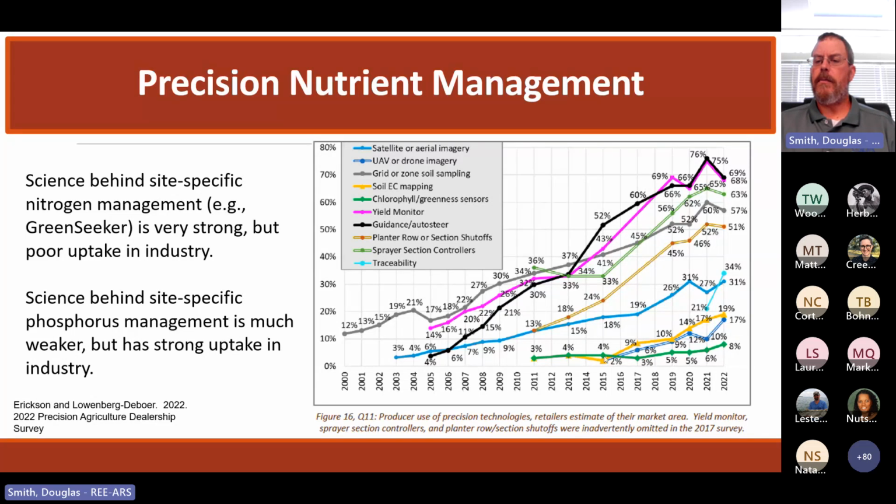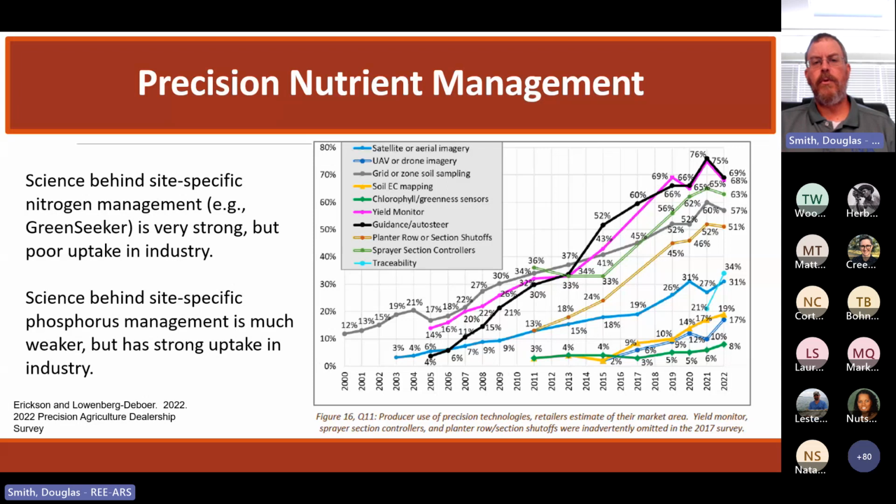This green line at the bottom that ends at about 8% coverage in their regions is the chlorophyll or greenness sensors. If you're familiar with a product called Green Seeker, these are for nitrogen applications.